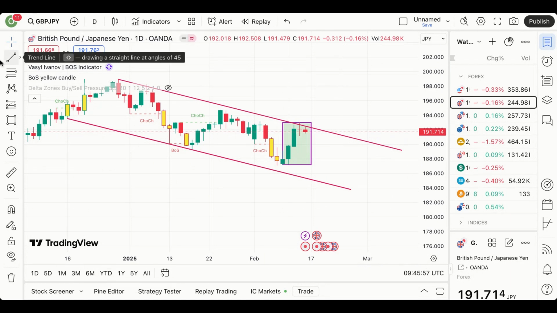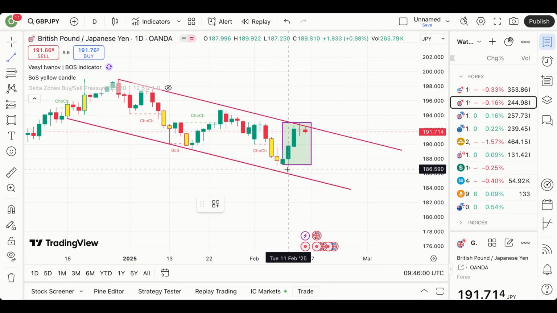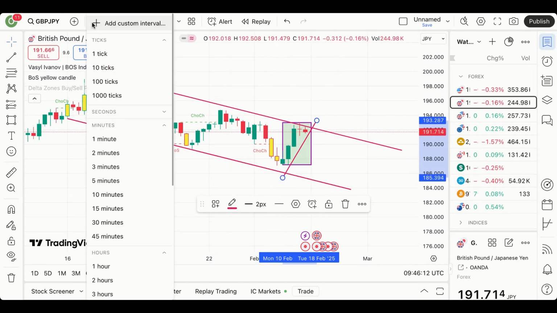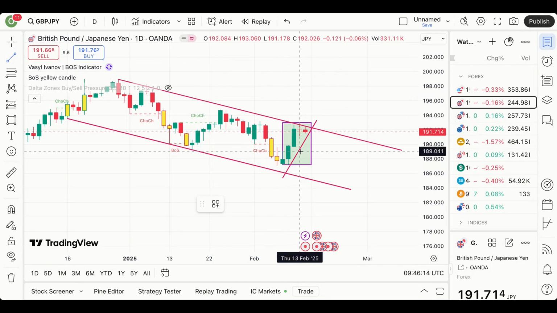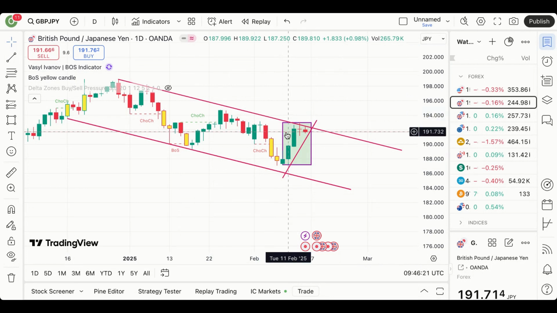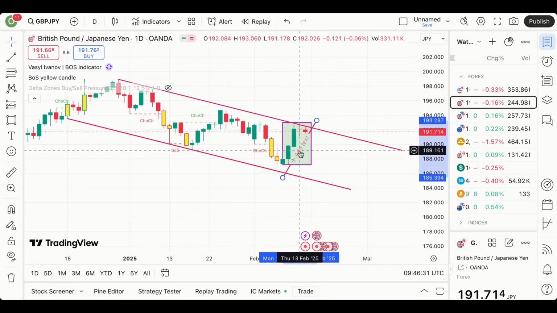So if I put a trend line here, and yeah, okay, let me just delete that one because this one is not. It shows bearish. However, we don't know if it's going to break this bearish trend line.